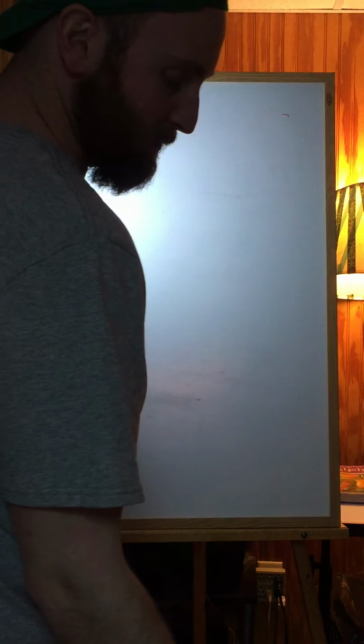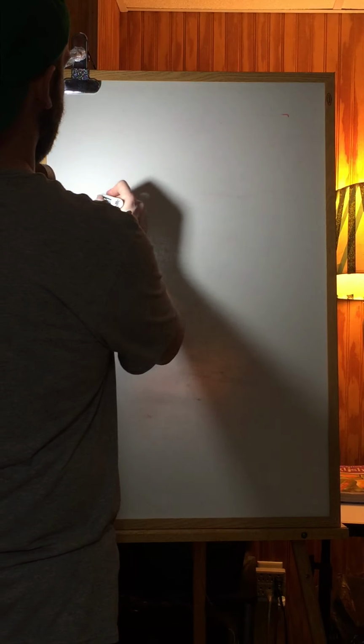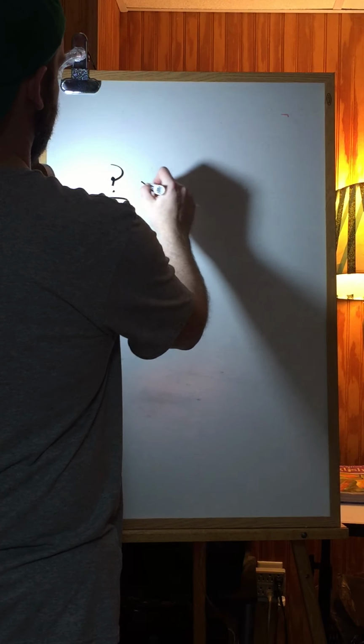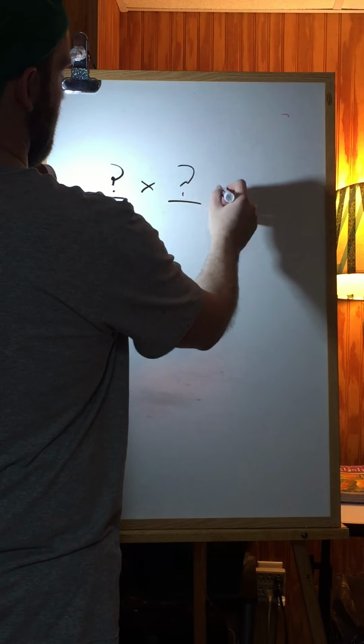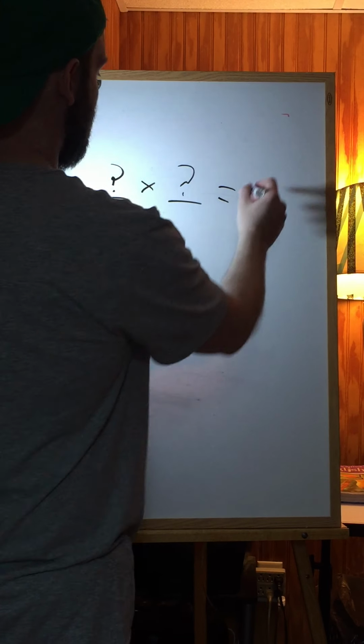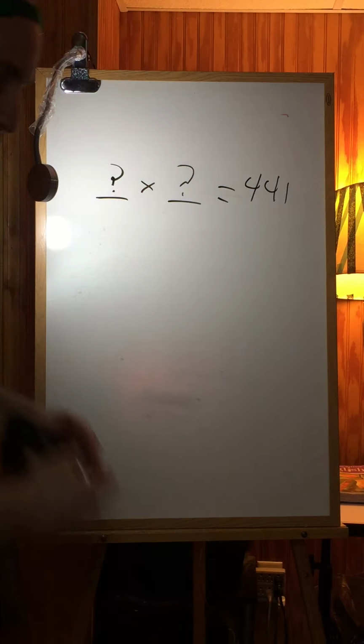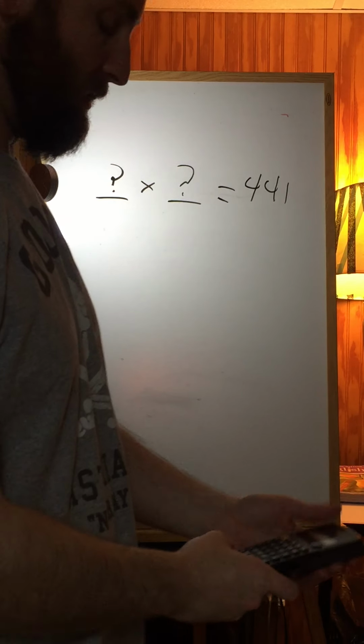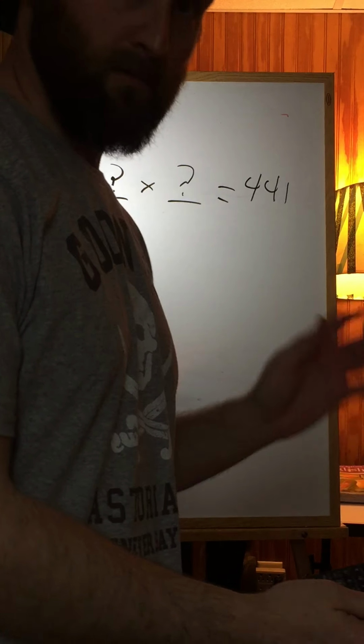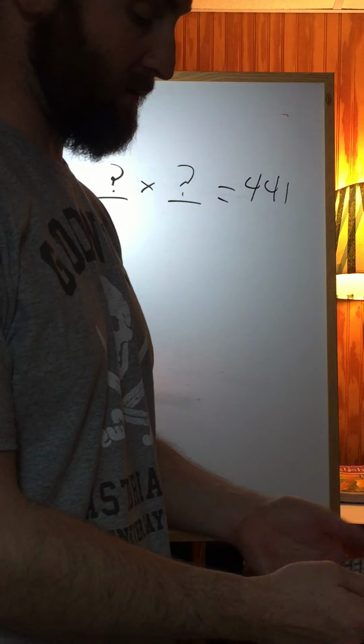So for 9 through 12, we're going to do 9 together. You got a question mark times a question mark, and it equals 441. So on your calculator, what I want you to do is slowly multiply each number by itself.